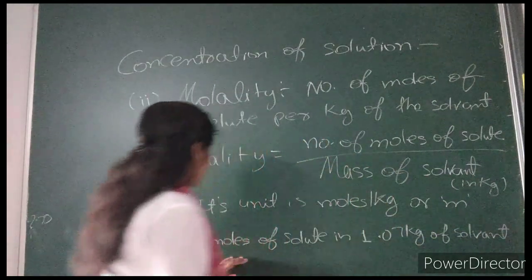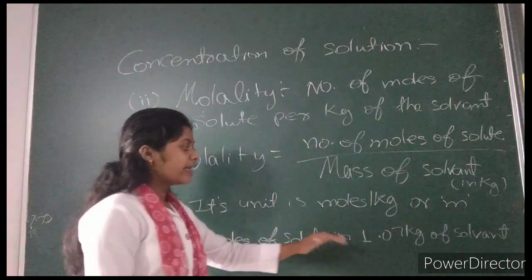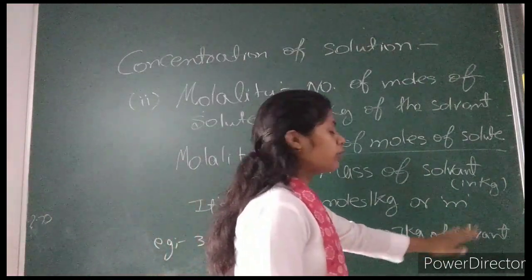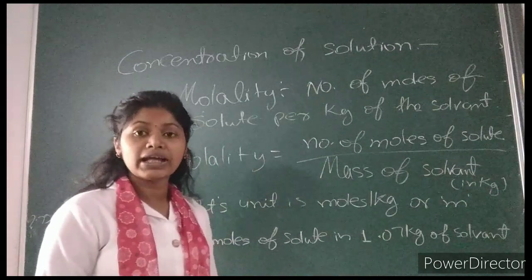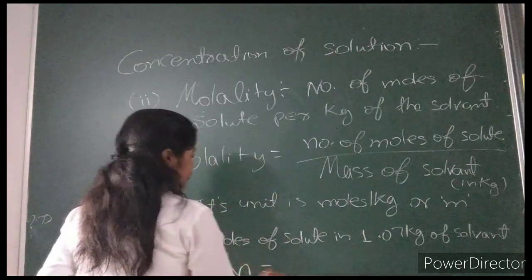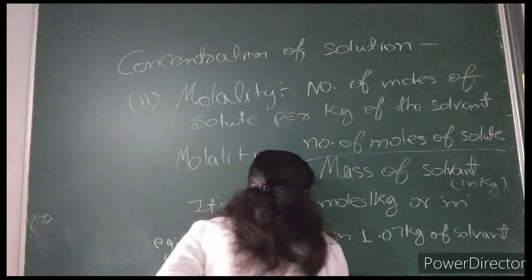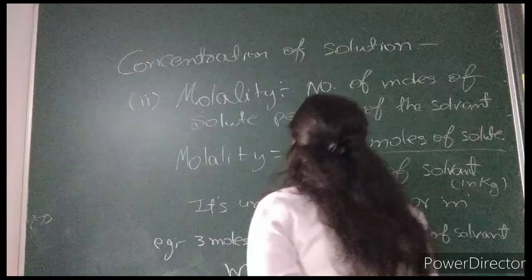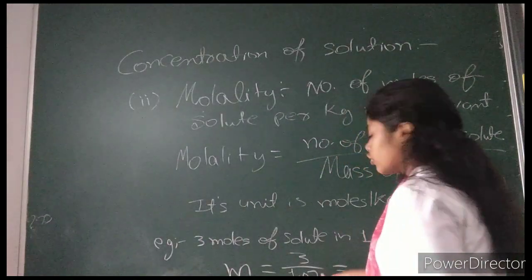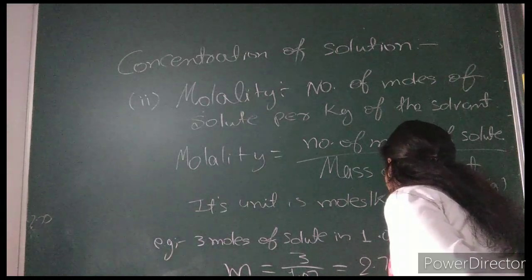For your better understanding, I have given one example: 3 moles of solute in 1.07 kilogram of solvent. Then what will be its molality? It will be number of moles of solute, 3, divided by mass of solvent in kg, that is 1.07. When you solve it, you will find the answer is 2.79.